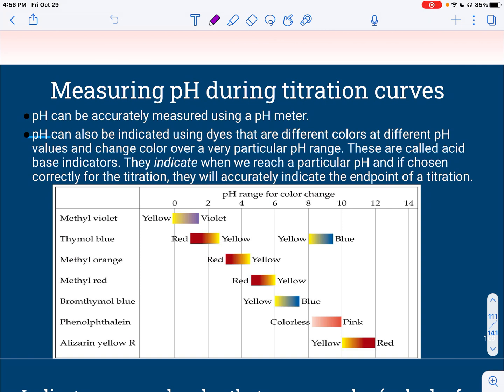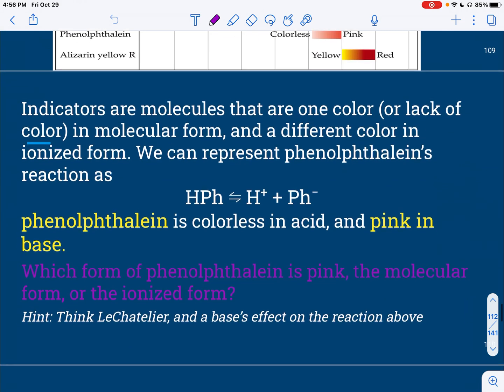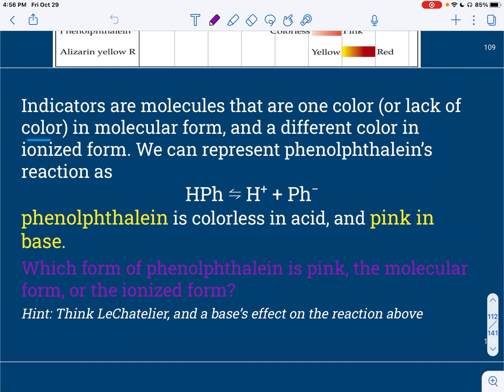So obviously you know about pH meters. We've already used them. We also have these different indicators that will turn different colors based on different pHs. So they'll be able to tell us when we hit a certain pH. So indicators are molecules that are one color or clear in molecular form and a different color in ionized form.